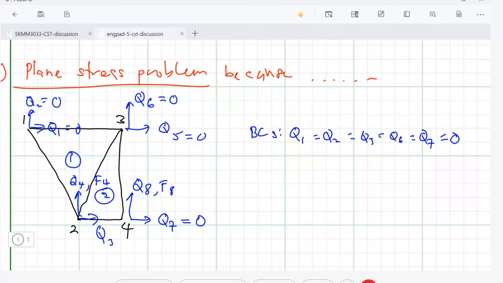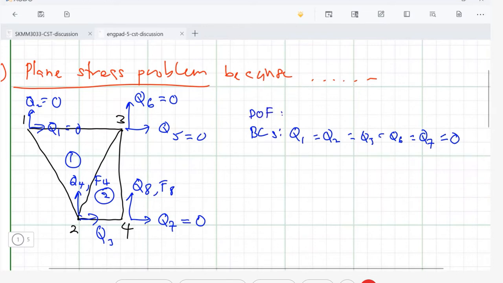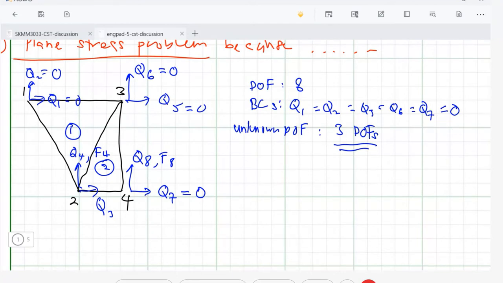And the unknown DOF will be 8 minus 5, so 3 degrees of freedom. In this case, what are the 3 degrees of freedom that we are interested in?